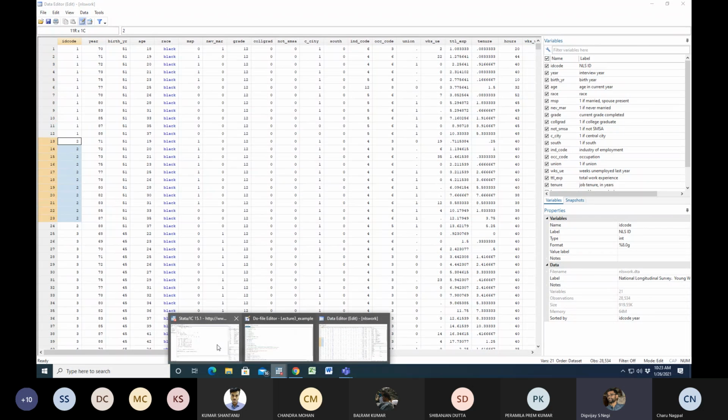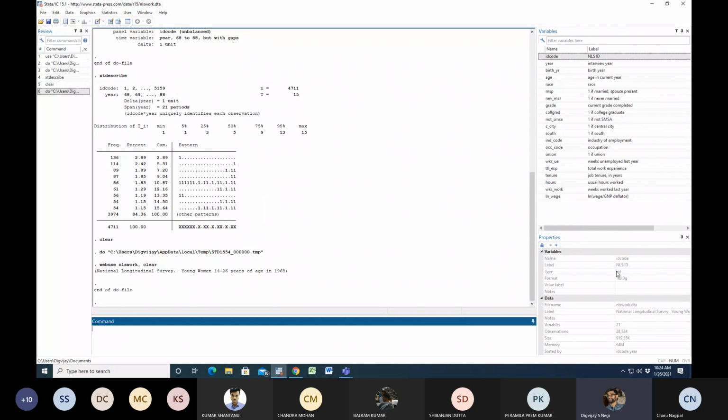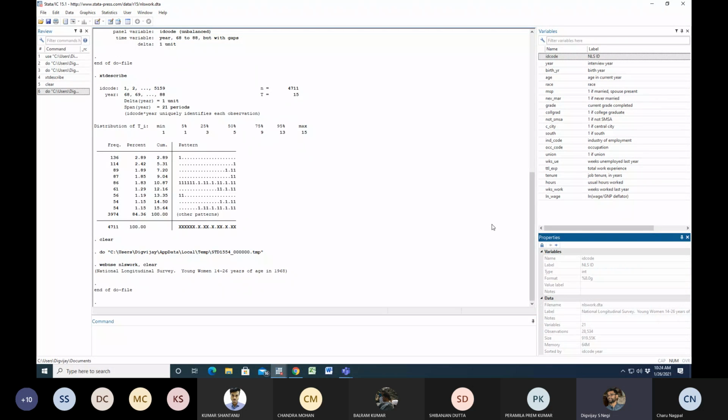This data is from the National Longitudinal Survey, a very long running survey from the US, which follows young women from 14 to 26 years of age, starting from 1970 all the way to the 80s.